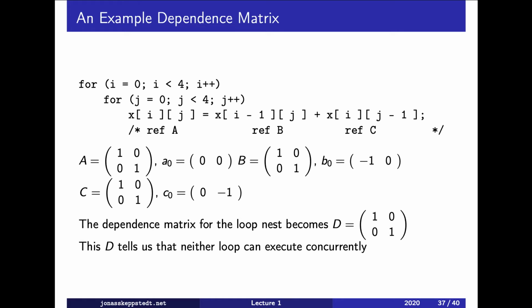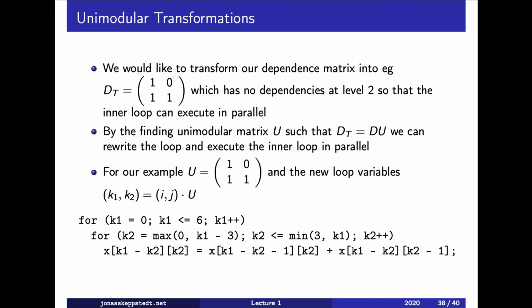So how can we do that? We can use a so-called unimodular transformation to change the order of the loop iterations. Of course, it's the same loop iterations, otherwise we would change the behavior of the program, but we execute them in a different order. How we will do that, we come to later in the course, but this is really neat.